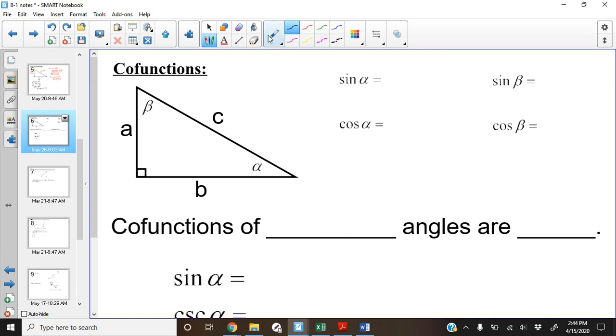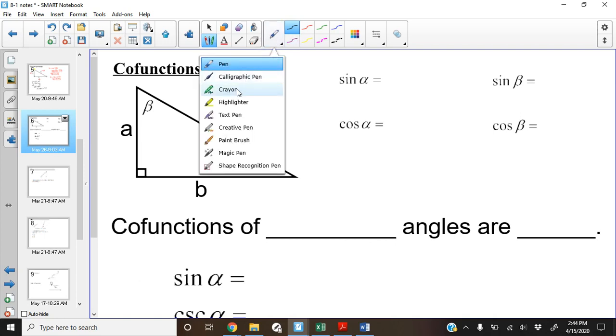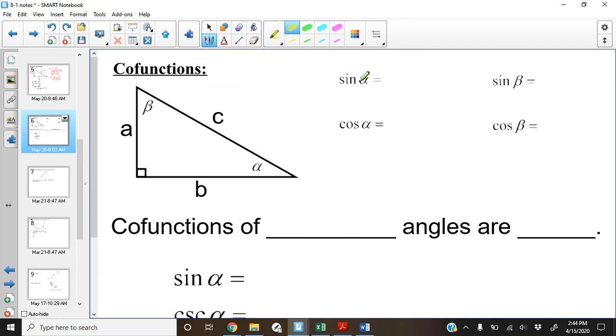Now, we want to go over what cofunctions are. Well, in order to do that, let's highlight angle A first, and let's figure out what sine and cosine of A is.